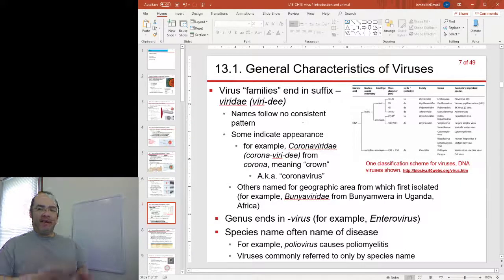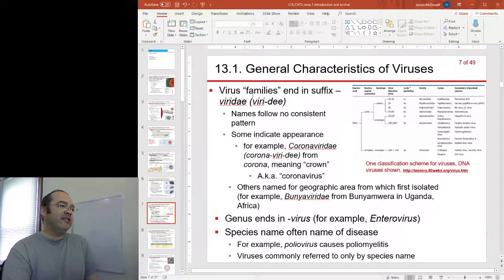They don't follow the same kinds of conventions, but there are families typically, and genuses and species of viruses beyond their classification based upon their nucleic acid, based upon things like their capsid, based upon whether they have an envelope or not, based upon size, based upon things like the polarity of their genome, which we'll mention later on.